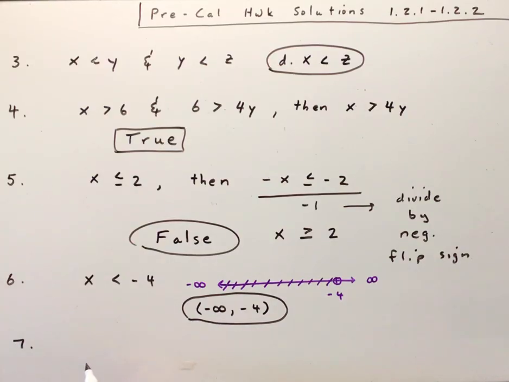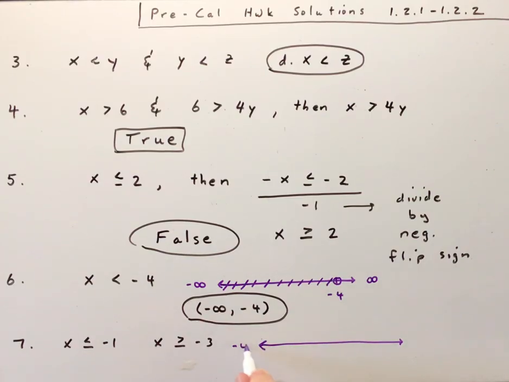Okay, number 7, we want to express using interval notation: x is less than or equal to negative 1, and x is greater than or equal to negative 3. So let's do a number line on this.